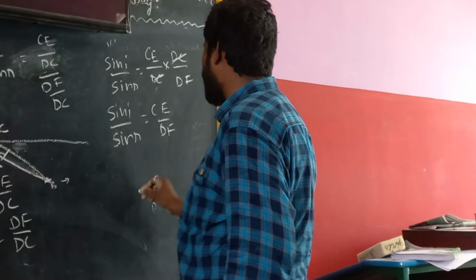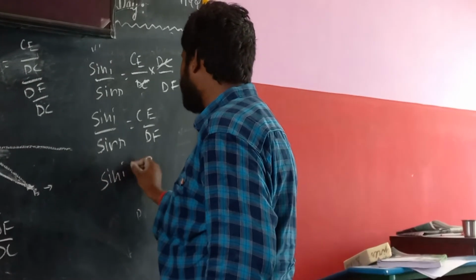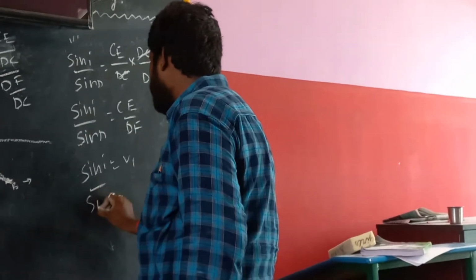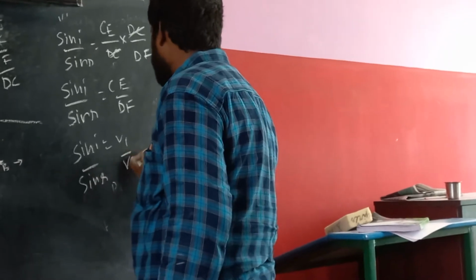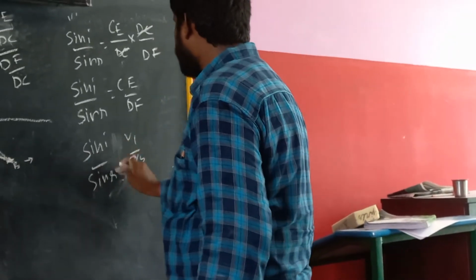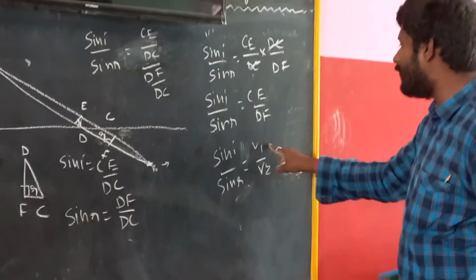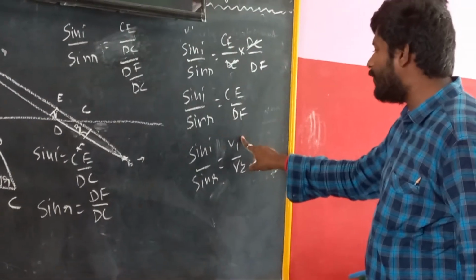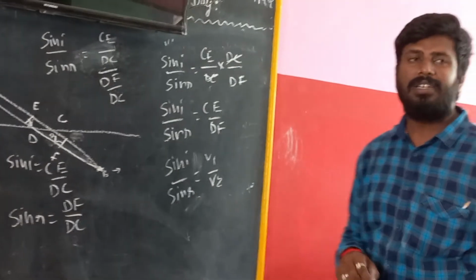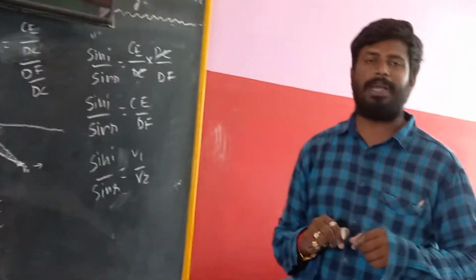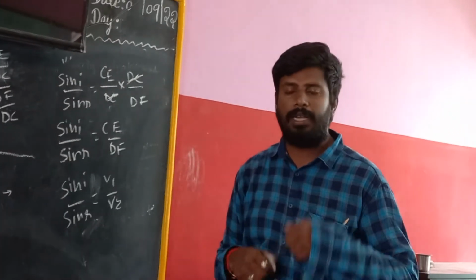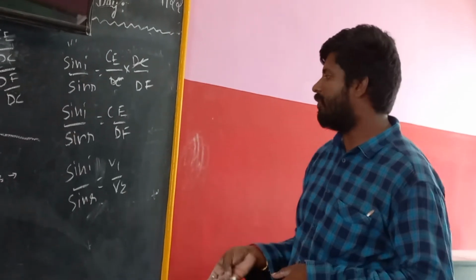We already know the value of CE is V1 times delta t and the value of DF is V2 times delta t. We already know the relationship between V1 and V2 and refractive indices N1 and N2. V1 by V2 is equal to N2 by N1, and V2 by V1 is equal to N1 by N2.